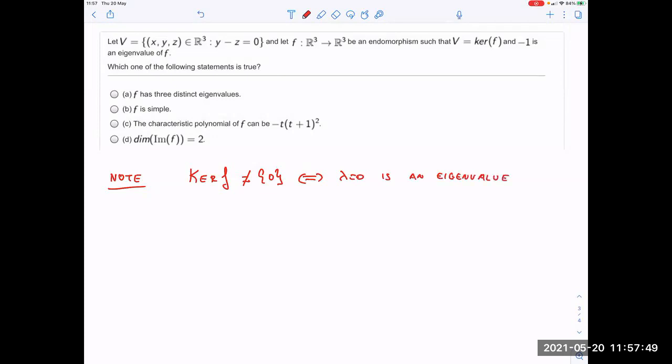Simply because you take an element here, different from 0, you compute f of v, you get 0, which is 0 times v. And this is exactly the definition of being an eigenvalue. Right? Good. So about this multiple choice, looks like that D and B are the preferred options.